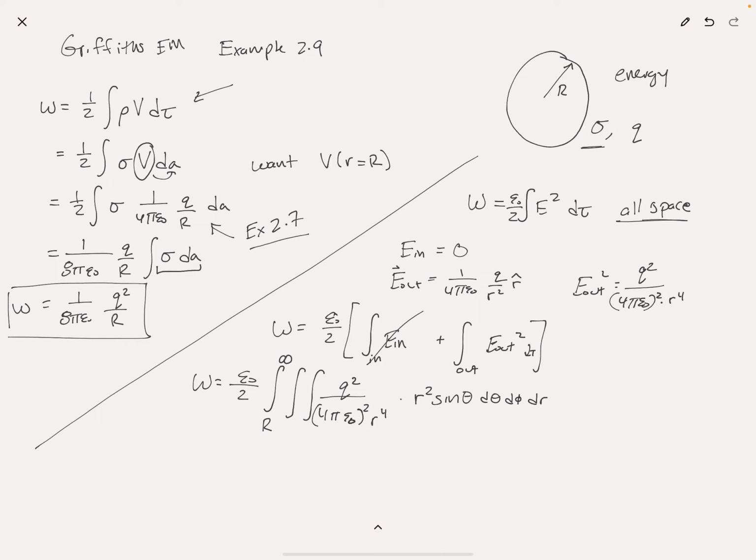Great. I don't have any angular dependence, so the integral over all of my thetas and phis gives me 4 pi. That leaves epsilon naught over 2, 4 pi Q squared over (4 pi epsilon naught) squared, times the integral from capital R to infinity. I can't pull that out.